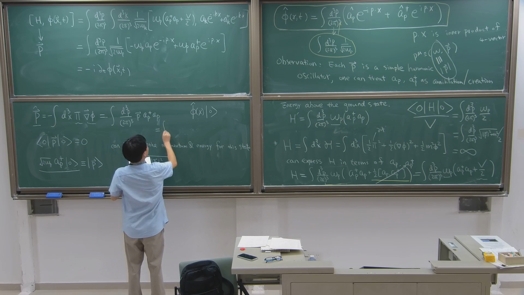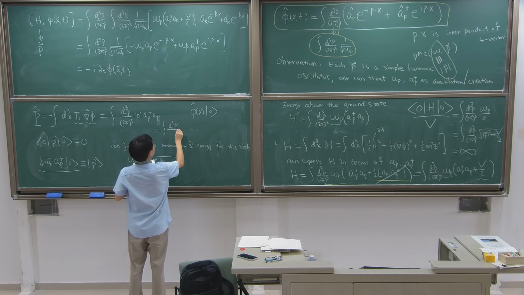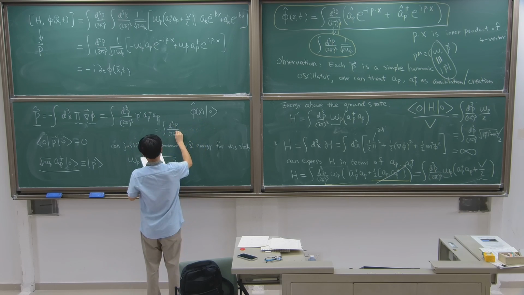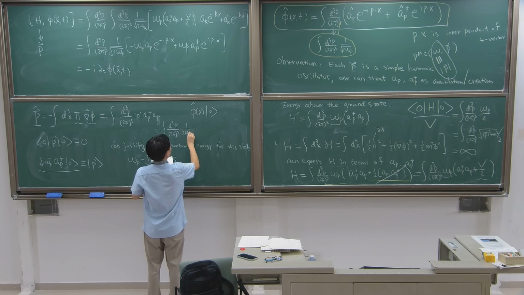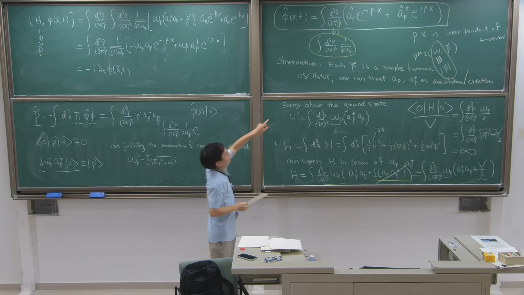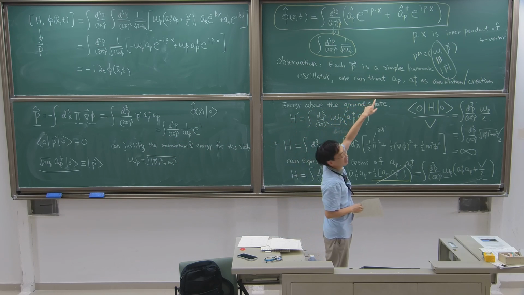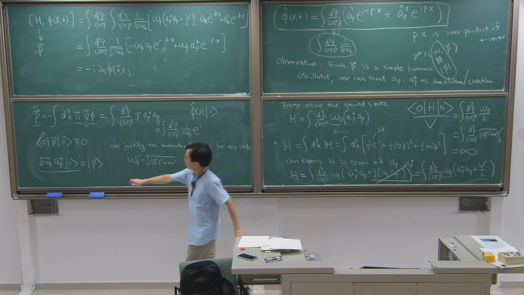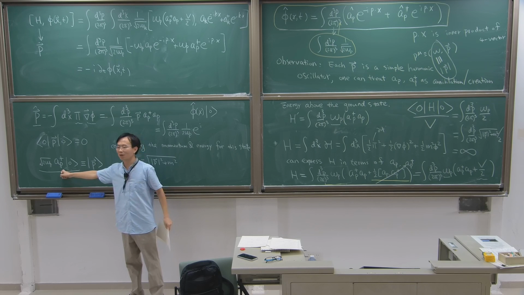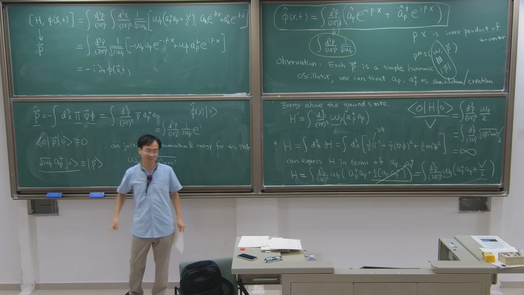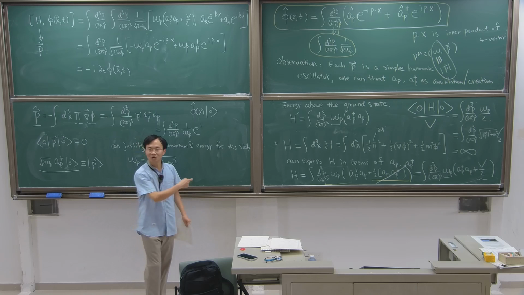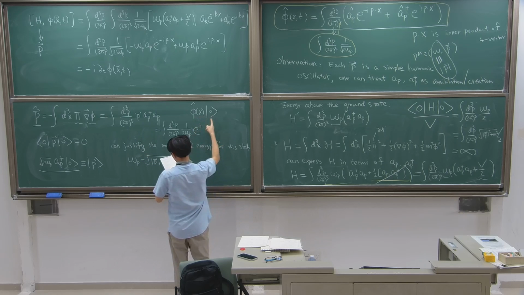After one step of calculation, you can convince yourself that what you get is something like this. We see a structure coming from A_p dagger acting on the ground state, which is what we just talked about. This is the so-called single particle state. Now we make use of this knowledge to write this result.